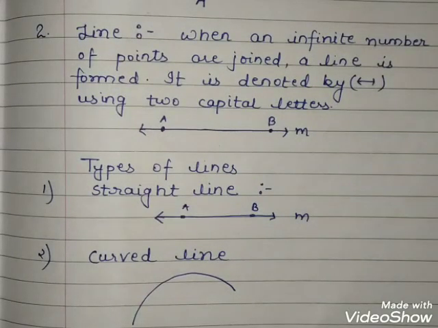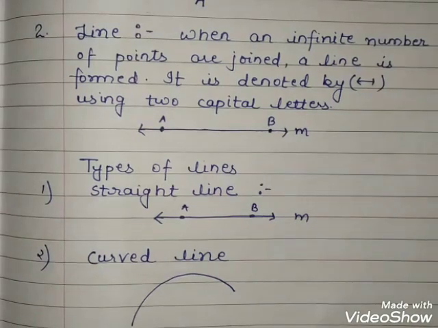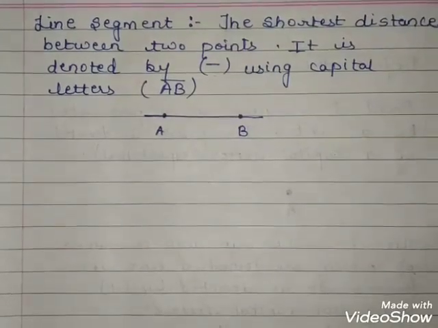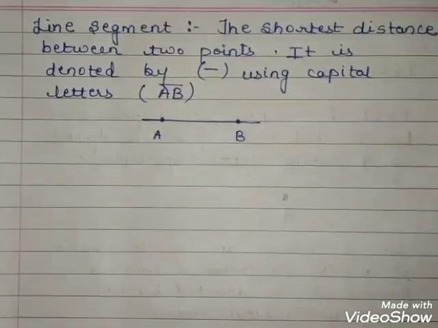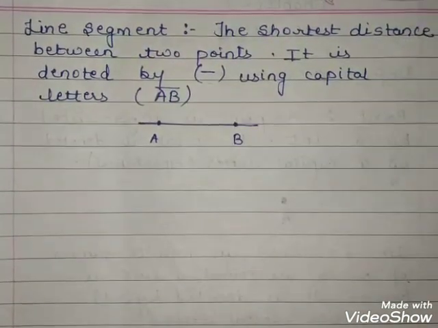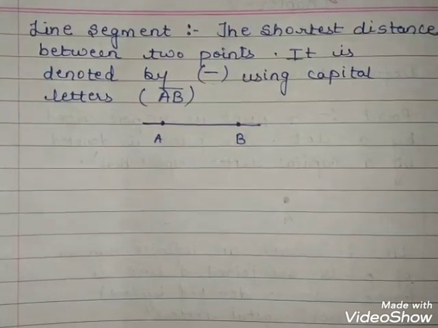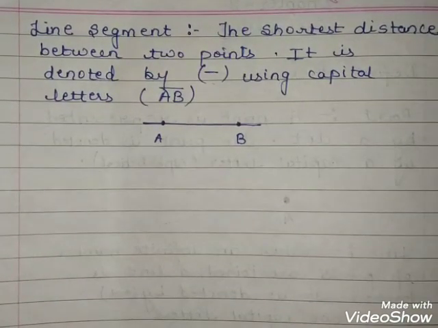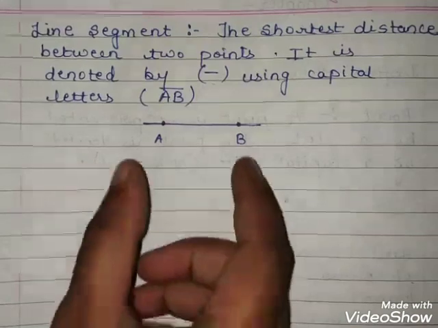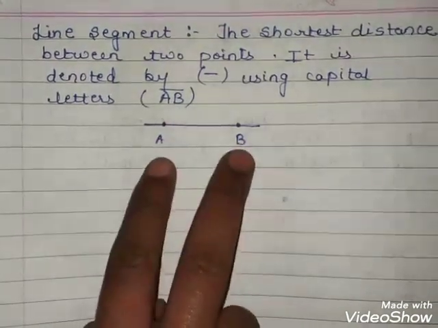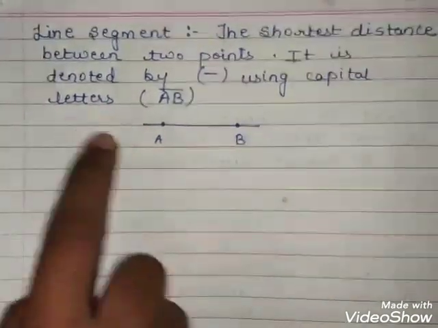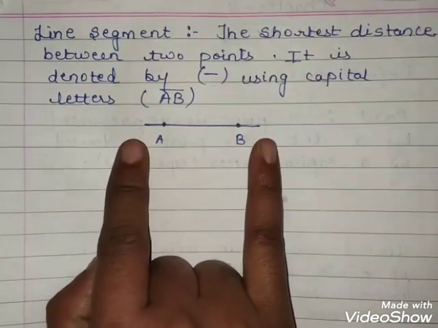Alright. After line, we learn about line segment. We can say that a line segment is a part of a line. Line segment एक line का एक part है. It means line segment has fixed length and it cannot increase. देखिए क्या इसमें एरो बना हुआ है?